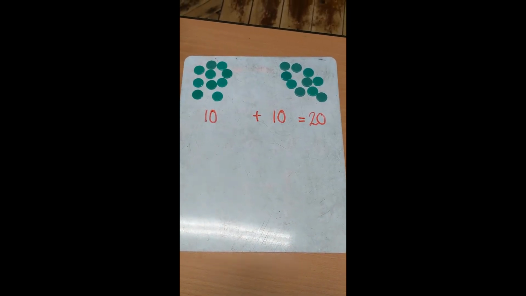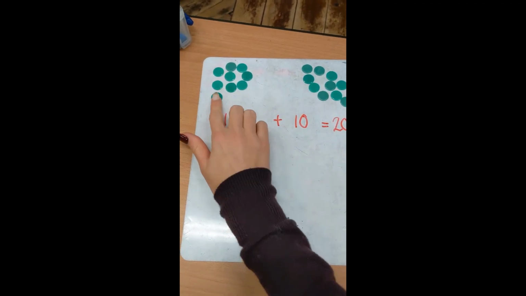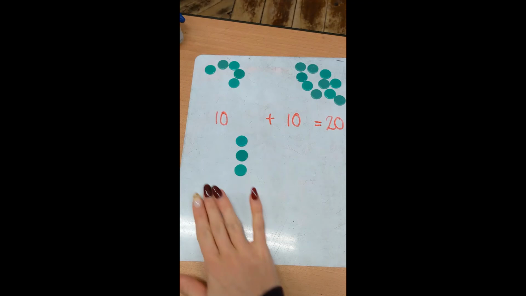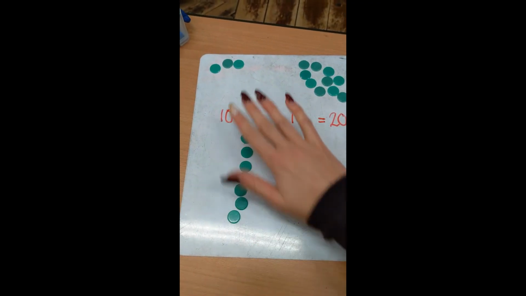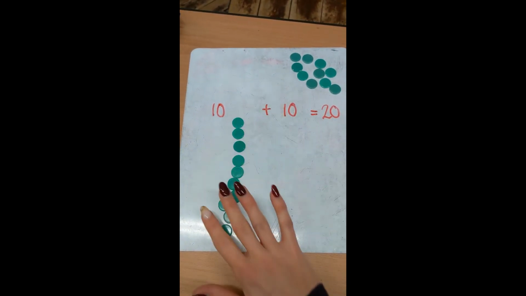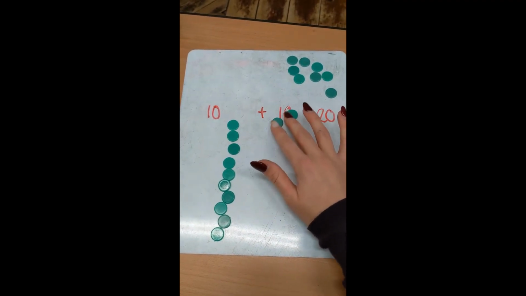Well done. I'm going to put these into an array. Remember, it doesn't matter which way I do the columns and which ways I do the rows. I'm going to put them into columns. And because I've done this one in a column, I have to do the other one in a column too.